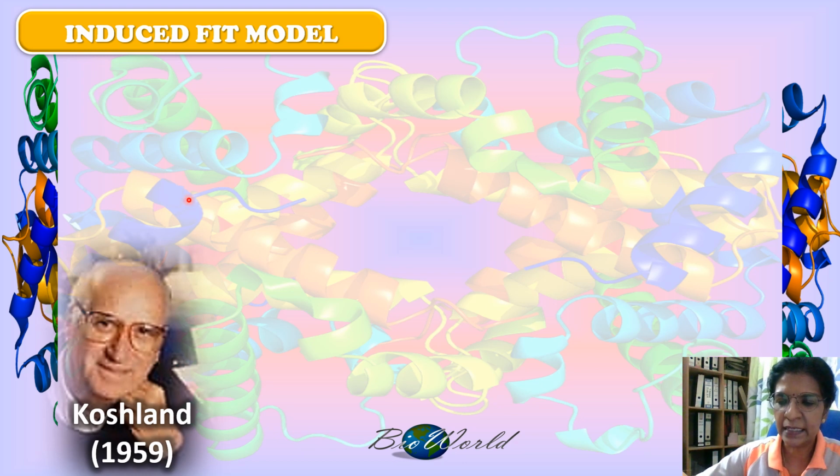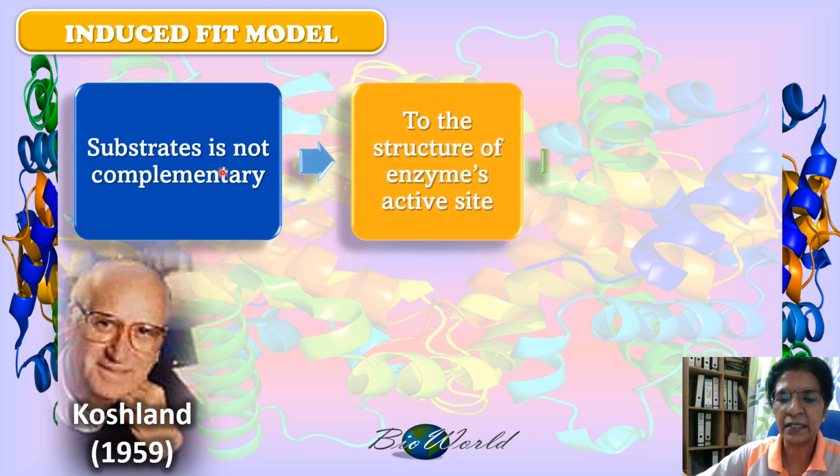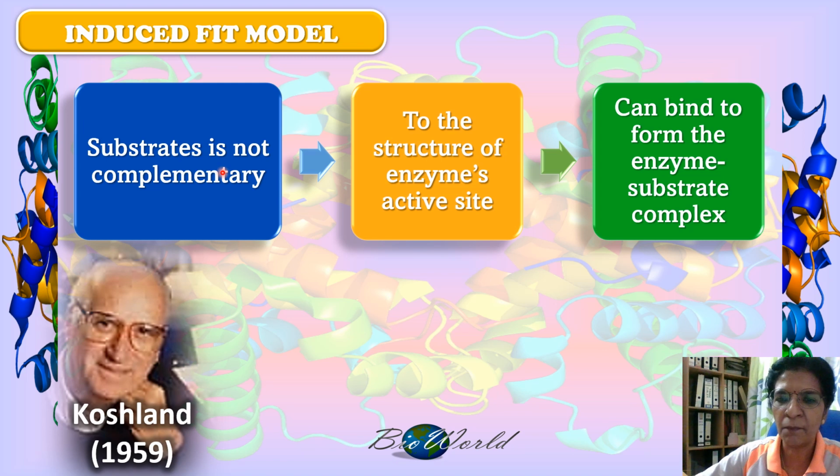According to Koshland, the substrate does not have to have a complementary shape to the shape of the active site. But even without a complementary shape, he says that the substrate will be able to bind with the enzyme to form an enzyme substrate complex, which eventually will form a product. How is this possible? Well, in Koshland's time, our understanding of protein had improved.